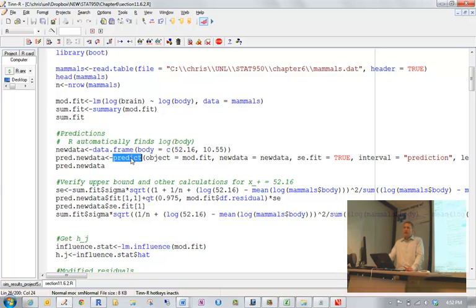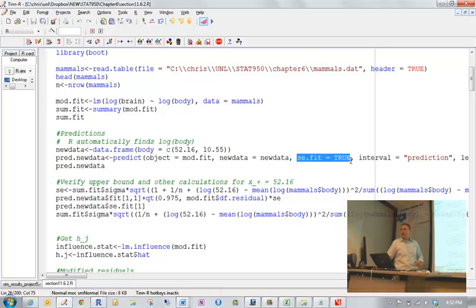This is a generic function in R. It actually calls predict.lm as its method function. Object equal mod.fit. We put that there because this is where R gets all the necessary information about the model's fit. Then there's an argument called newdata, and this is what you're making the predictions at for your x's. And it just so happens, because I made this simple, this data frame is called newdata.